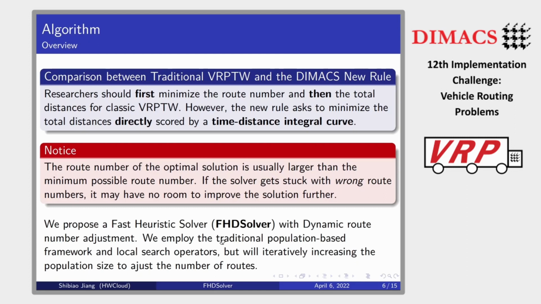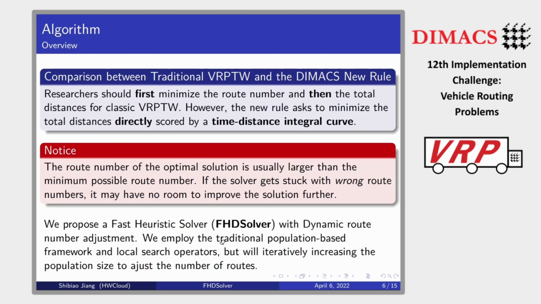And there is a notice. The route number of the optimal solution is usually larger than the minimum possible route number. So, if your solver gets stuck with wrong route numbers, it may have no room to improve the solution further. And this is the key for our solver.